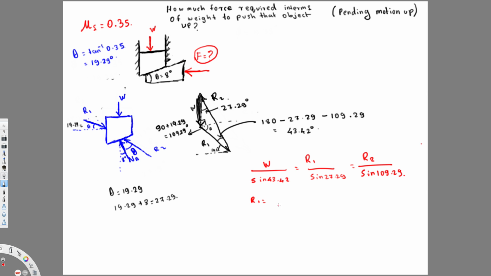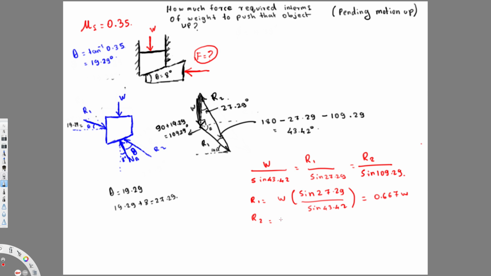So R1 is going to be W times sine 27.29 over sine 43.42, which is equal to 0.667 W. Then I can calculate R2 from this equation.